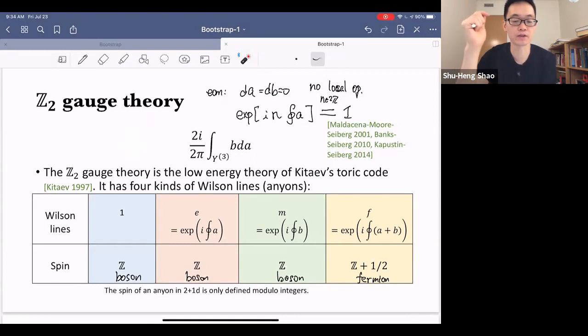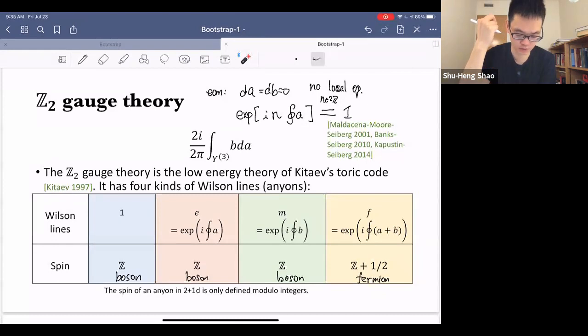So you lose information as you go from the UV to the IR. And because you lose this, you no longer have this heavy particle as states in your Hilbert space. What you are left with are the defects that can modify your quantization, and the defects can only see the spin modulo integer.